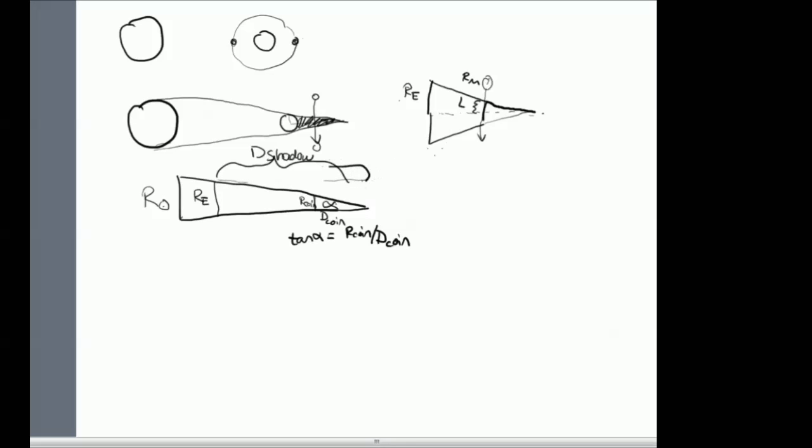This gives you an upper bound on the distance of the moon, because if the moon was out here, beyond this shadow distance, then you wouldn't be able to get an eclipse, right? You wouldn't have this total eclipse of the moon, this lunar eclipse. So that's an upper bound, and you can calculate d shadow.